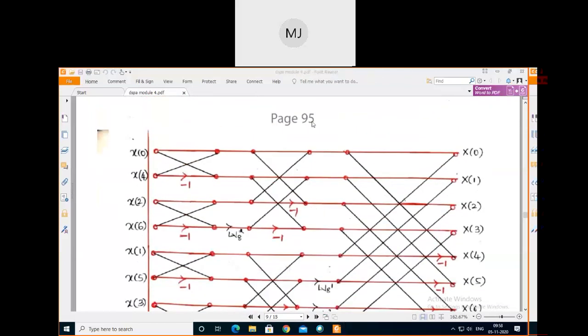Just tell me, if N equal to 16, they ask the question so many times, what is the number of stages? 16 is equal to 2 into 2, 4 into 2, 8 into 2, 16.